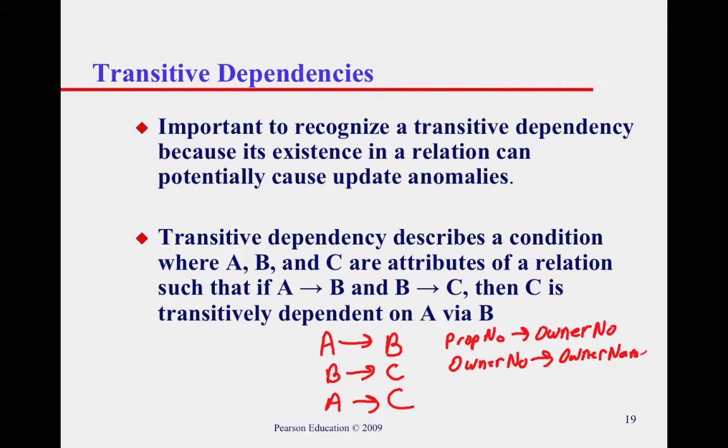So that means the transitive dependency is property number determines owner name. We try not to explicitly represent transitive dependencies. Transitive dependencies are implied dependencies. So we do not explicitly represent transitive dependencies.